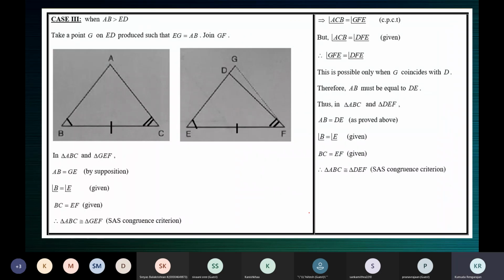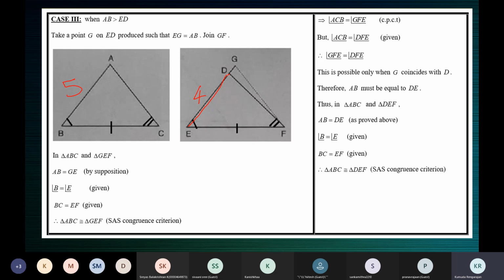The third case. Now here, supposing AB is greater. AB is 5 centimeters, and DE in the triangle DEF is 4 centimeters. AB is greater than DE. So what should we do?